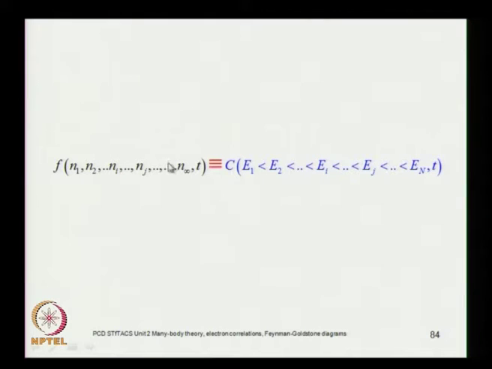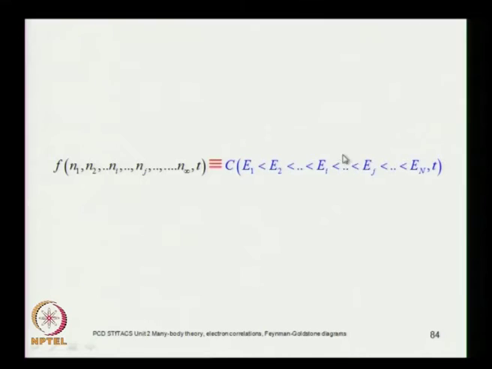The one on the left hand side is immediately adaptable to the occupation number formalism. The one on the right hand side is the one that we use in the first quantization formalism. But when you go over from the first quantization to the second quantization, the information contained in which of these quantum states are occupied goes into these occupation numbers, because if E2 is occupied, then N2 is 1, and if E2 is not occupied, then N2 would be 0.